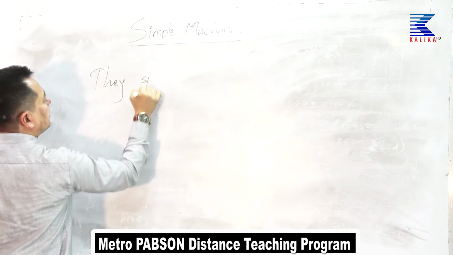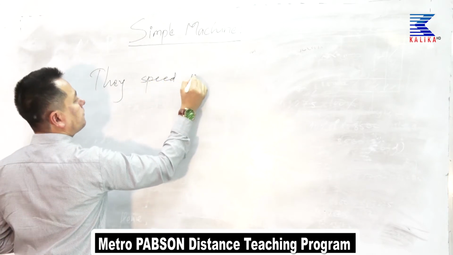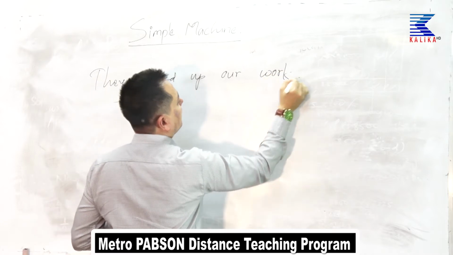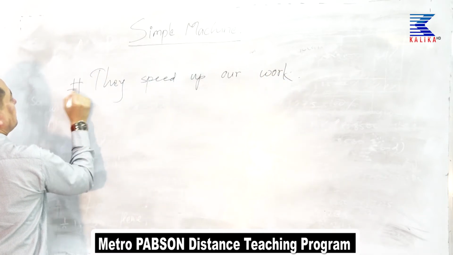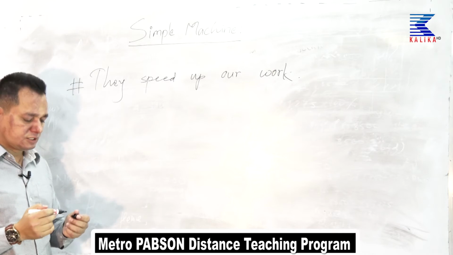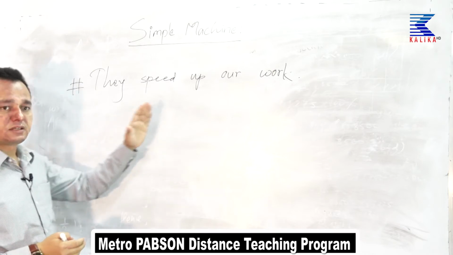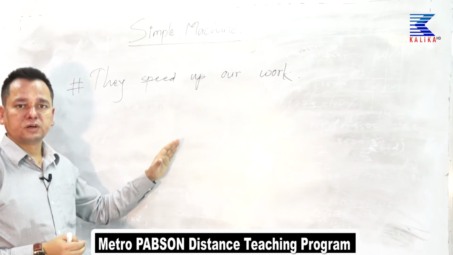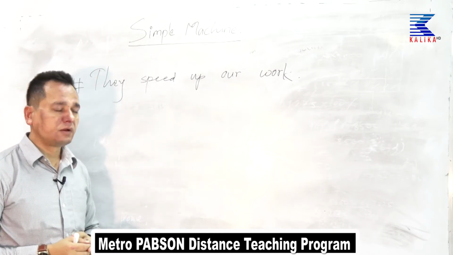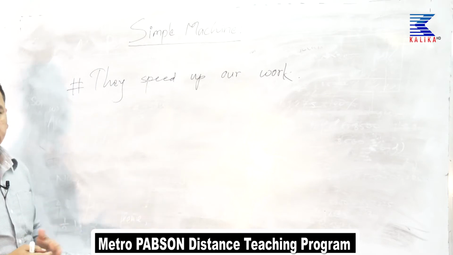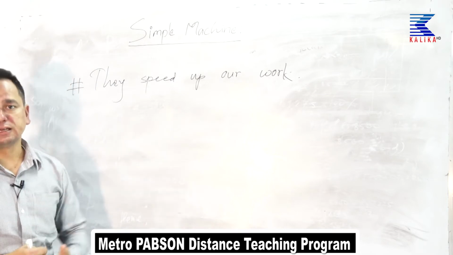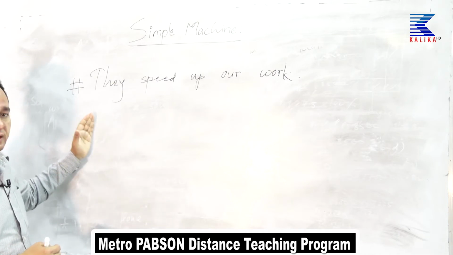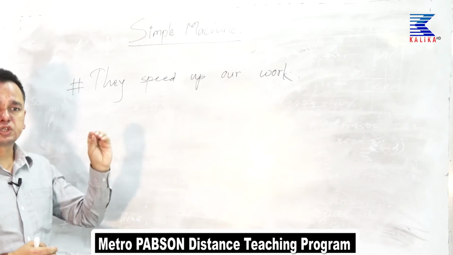Simple machines speed up our daily work. I just gave an example. They help to do our work in a short period of time. Without using a simple machine, it would take quite a longer time, but with the use of a simple machine, we can do the same work in a short period of time.